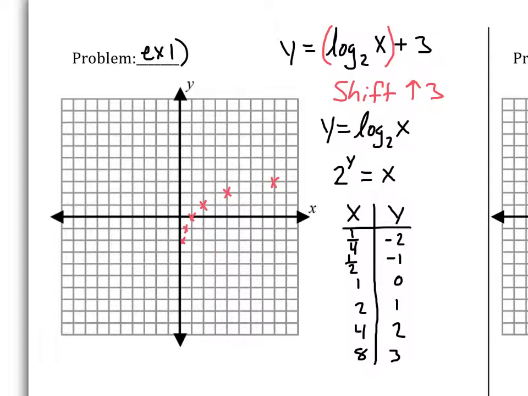All right, so we can see from our points that our asymptote right now is the y-axis, right? It's opening like this. Now, with the shift, if we're shifting up 3, is that shift up or down going to change that asymptote? No. So everything is just going to get shifted up 3.